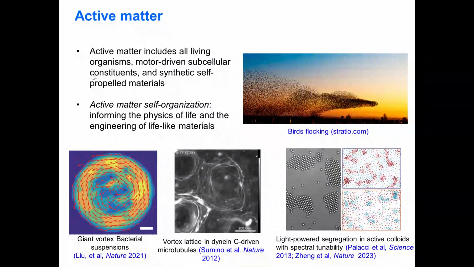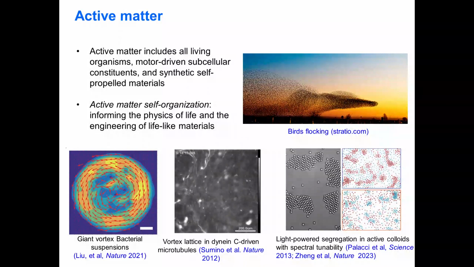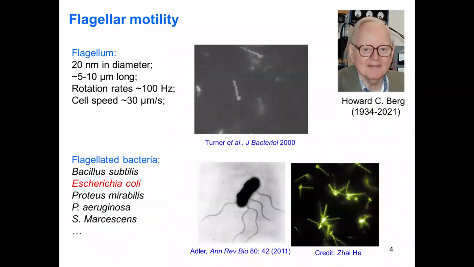So among these different systems, bacteria has still been the premier model system to understand how order emerges in active matter systems. Let me go to the next slide here.